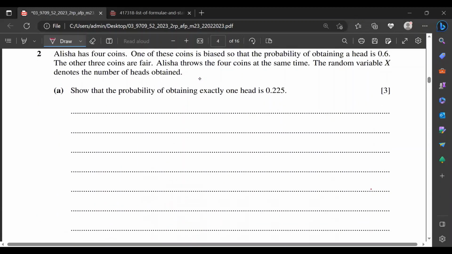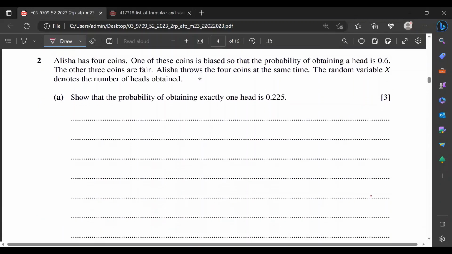For the next question, Aisha has 4 coins. One of these coins is biased, so the probability of obtaining a head on the biased coin is 0.6, and the probability of a tail on the biased coin is different.